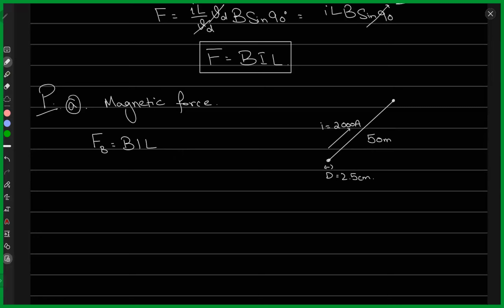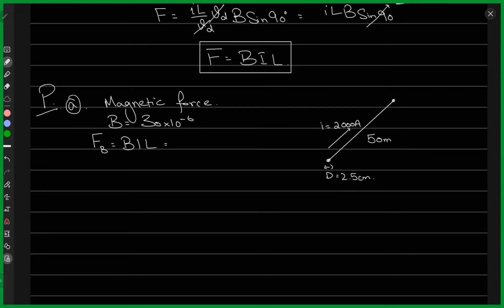So the magnetic force would be this, and the strength of the magnetic field is, oh, I forgot to write that down. The strength of the magnetic field is the Earth's magnetic field, which is around this value, right?